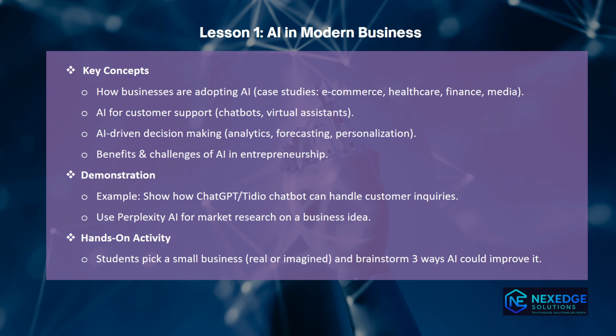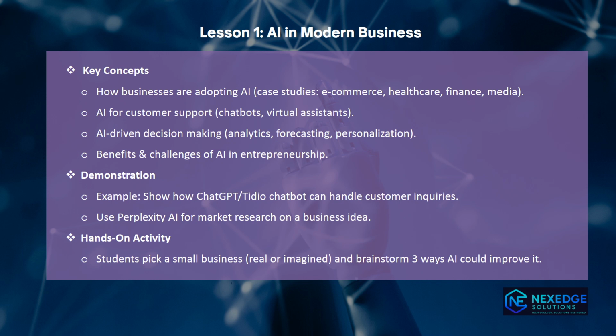Lesson 1, AI in modern business. These are the key concepts that we'll look into: how businesses are adopting AI, case studies, e-commerce, healthcare, finance, media. So these are use cases, the industries in which AI is being used.